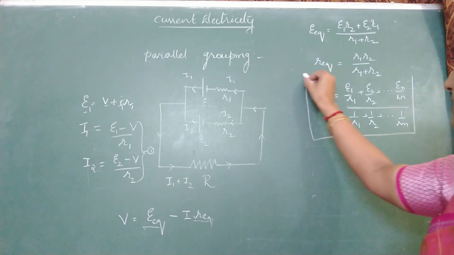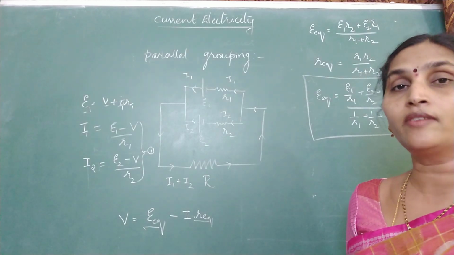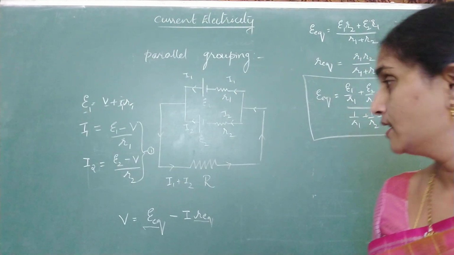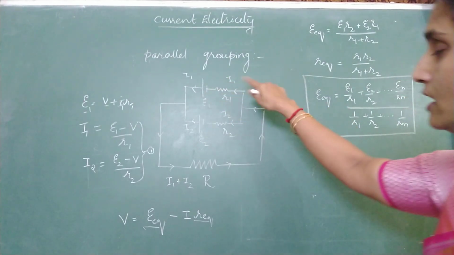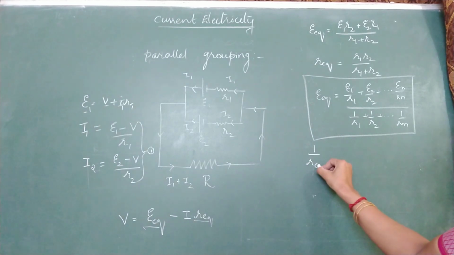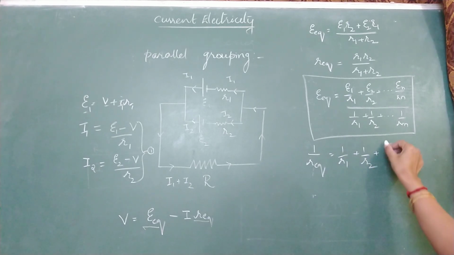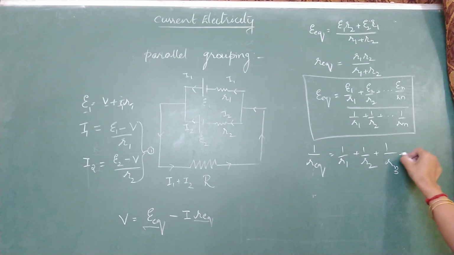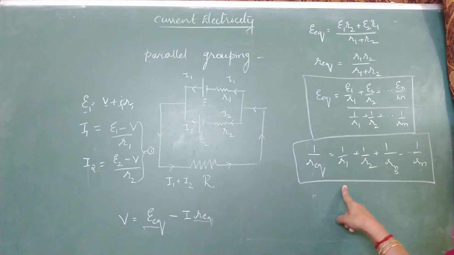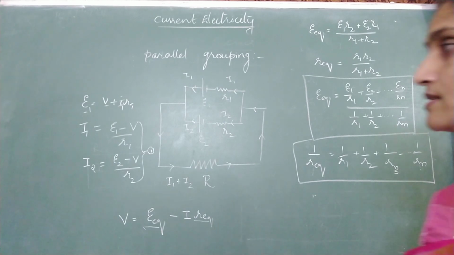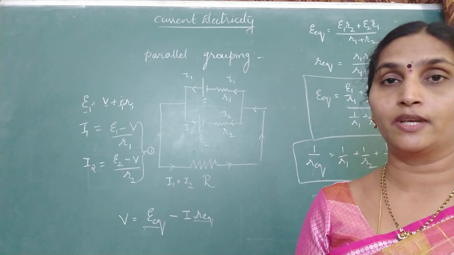So you can remember this general relation for n cells connected in parallel with different EMF and internal resistance. Similarly, the equivalent internal resistance: 1 by R equivalent is 1 by R1 plus 1 by R2 plus 1 by R3 and so on up to 1 by Rn. This relation gives the equivalent internal resistance when n cells are connected in parallel combination.